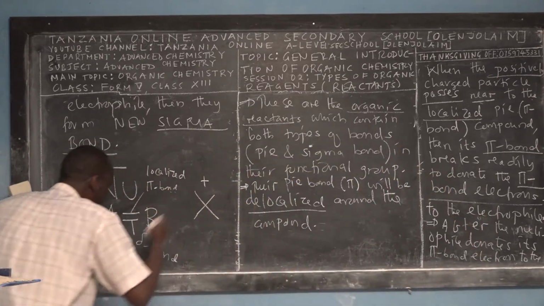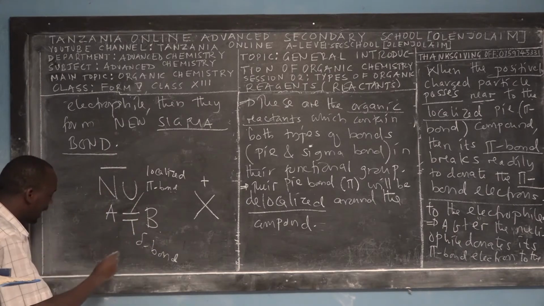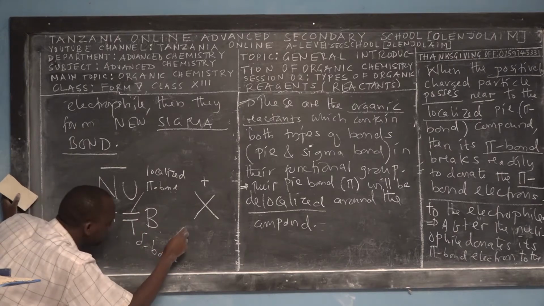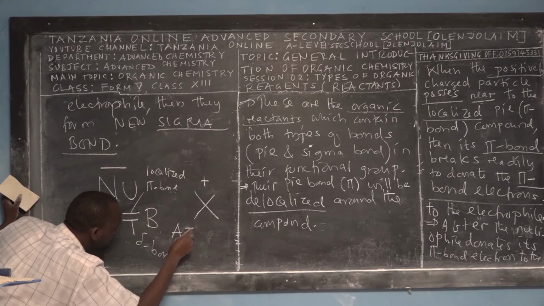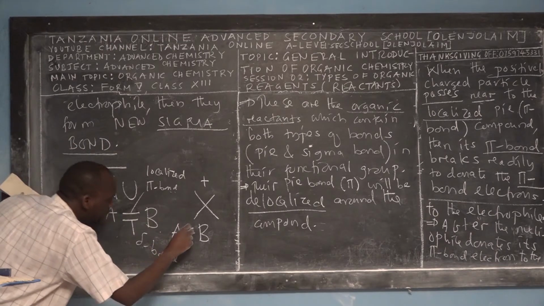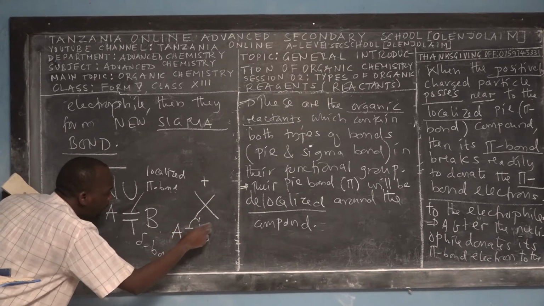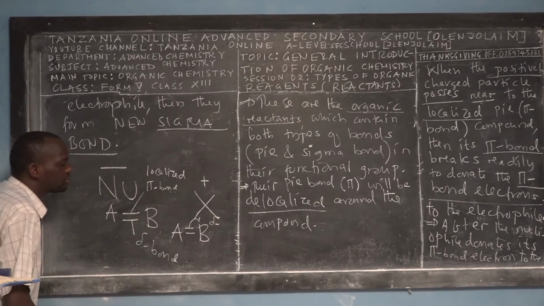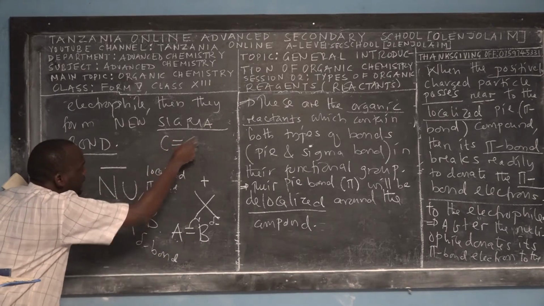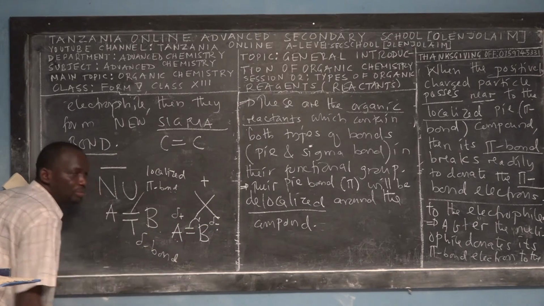And let me just tell you in advance what happens, however, I didn't teach you about the rules of bond breaking. So what is going to happen? This pi bond in this state, let me write here, A, suppose that this is the pi bond, and the bottom one is the sigma bond. So the bond is going to break down. If it's going to break down, one is going to be rich with electrons, and the other carbon, suppose that this is carbon, for example in the case of an alkene, so one carbon is going to become partially positive, another partially negative.